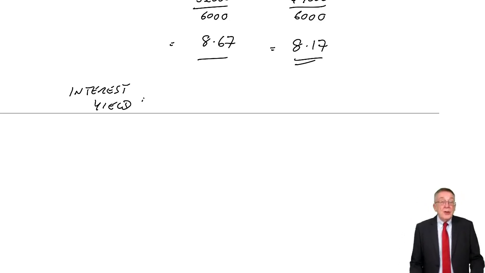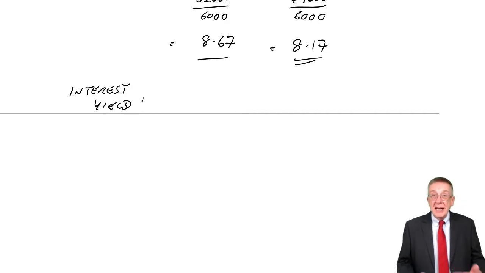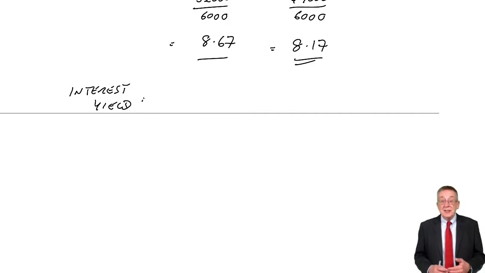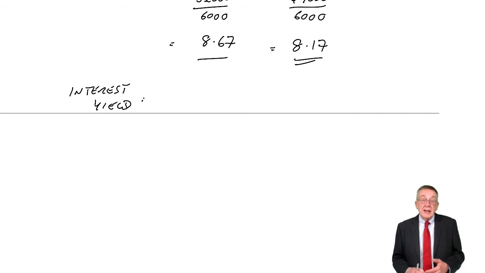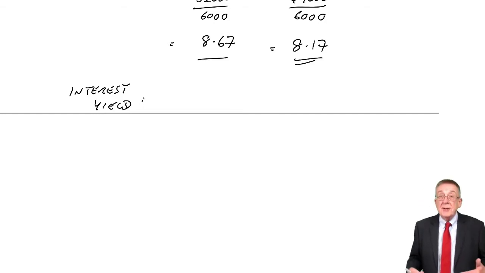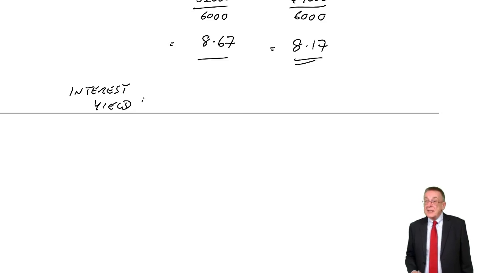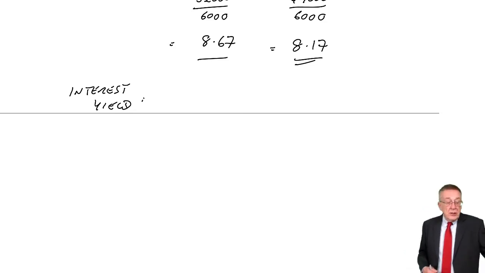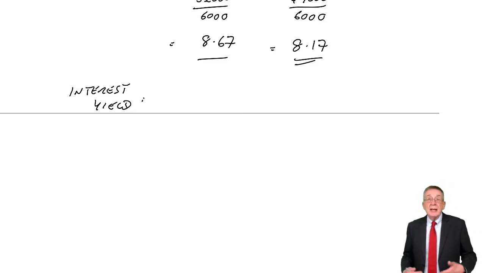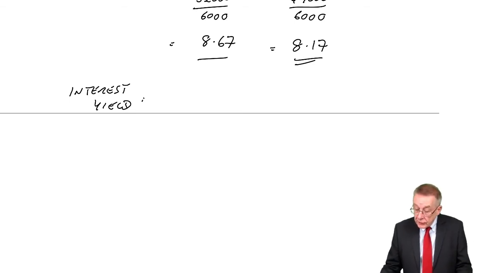But although that means the people who originally lent the money will be getting 6%, if anybody's thinking of buying any of these debentures on the stock exchange, what matters to them is how much will they be getting each year based on how much they have to invest. So the interest yield is the coupon rate, the interest, as a percentage of the market value.